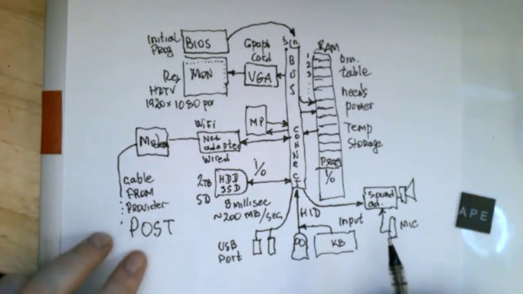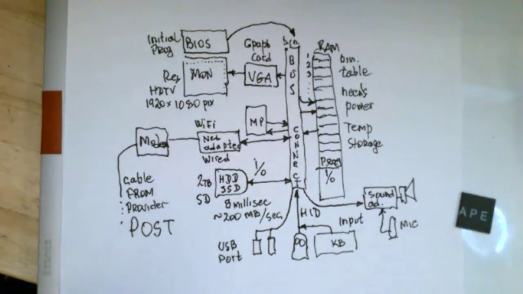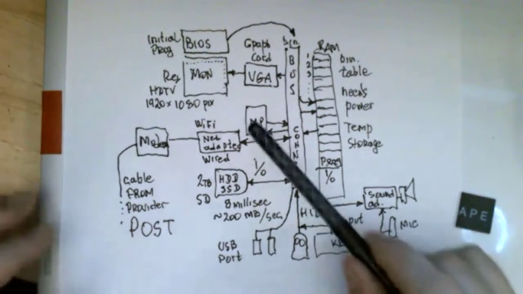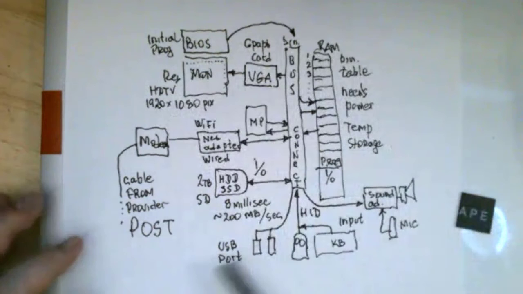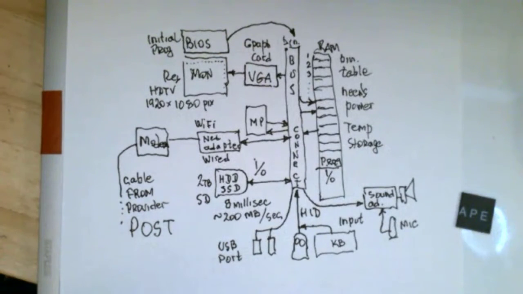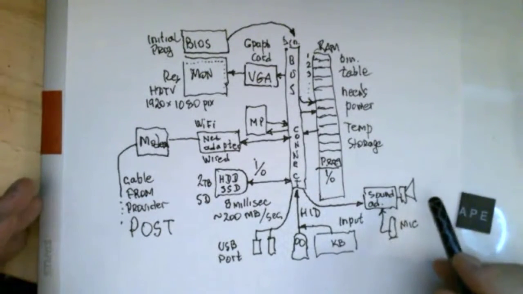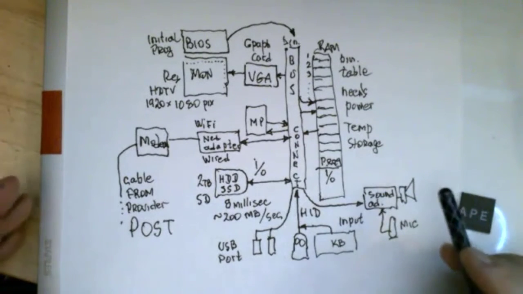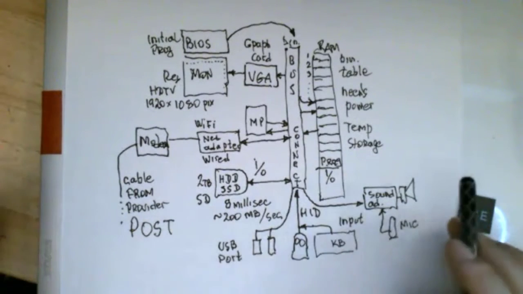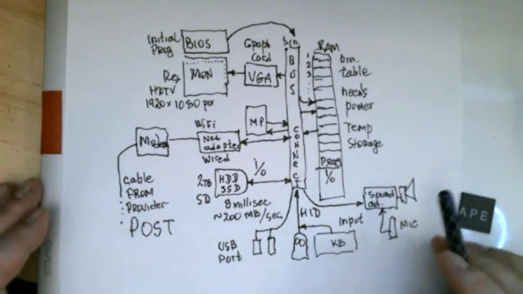So what does self-test mean, folks? The microprocessor needs to know its environment. A computer could have different configurations. It could be a laptop computer with Wi-Fi or a desktop computer with multiple displays and so on.